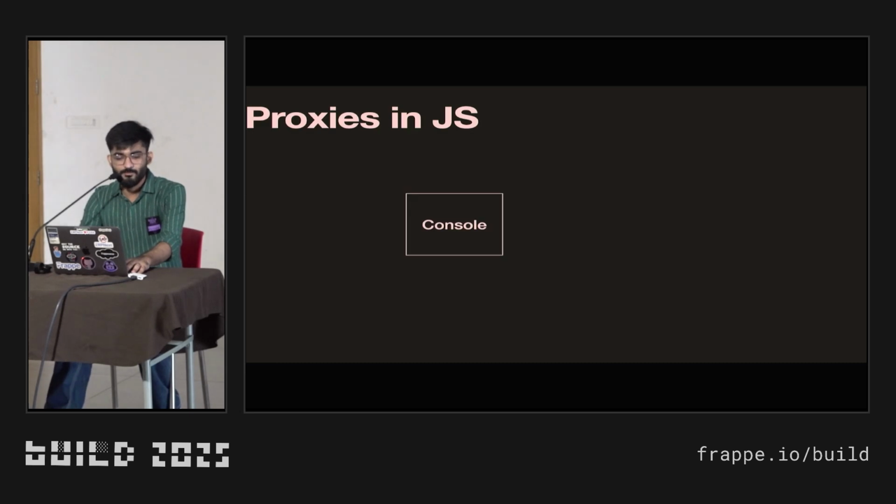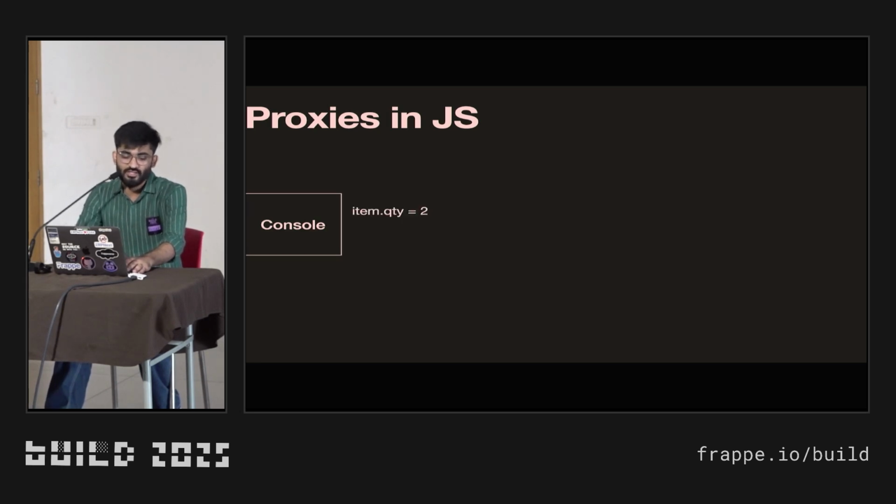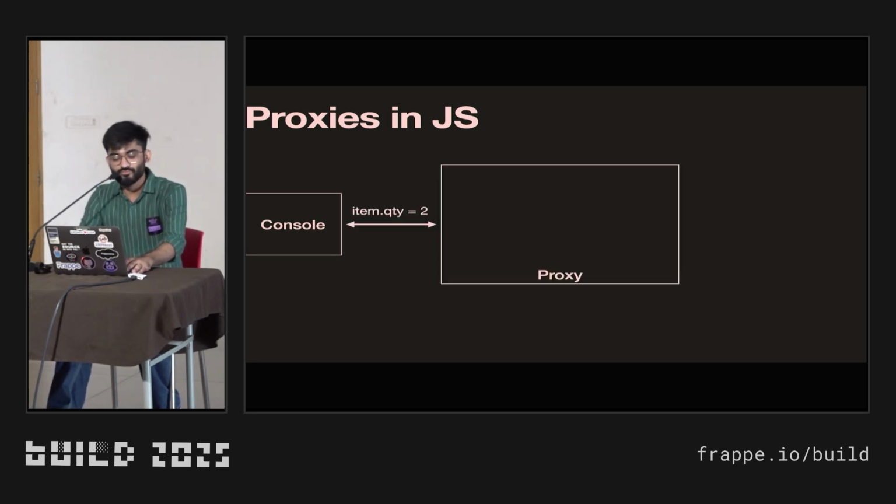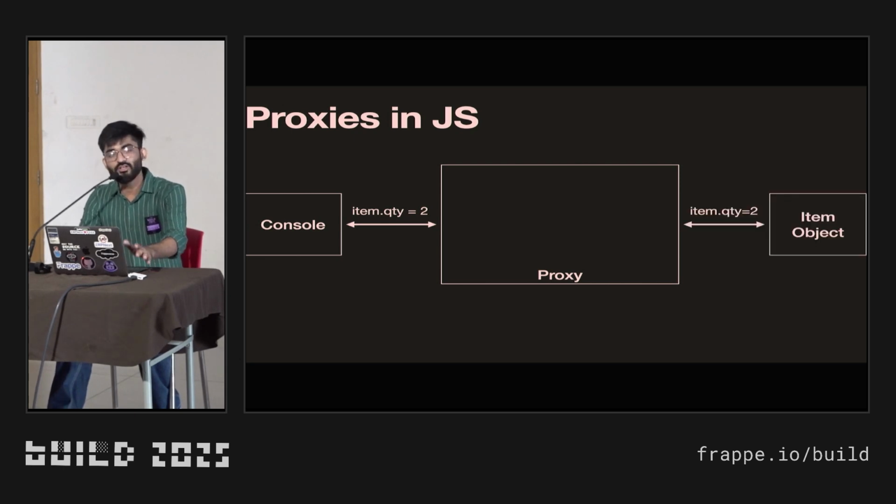Similarly, when we are trying to set a variable, let's say item.quantity equals 2, it's kind of similar: we create a proxy from the object of the item. It tries to retrieve that value from the object, and while sending us back the value, we can add our custom code in the setter.